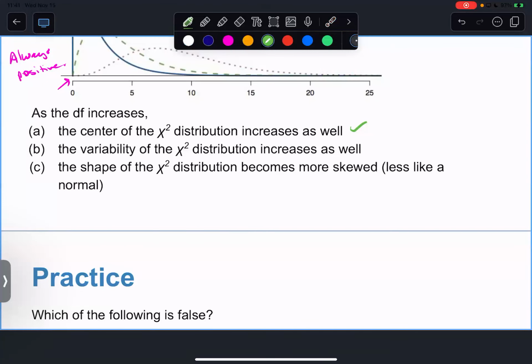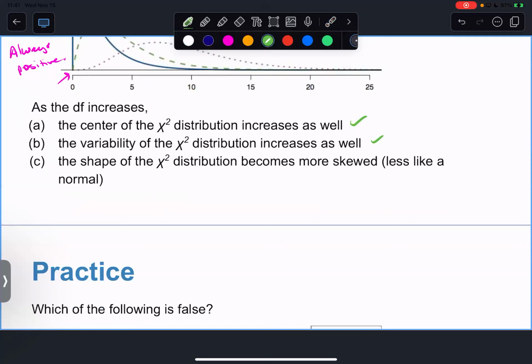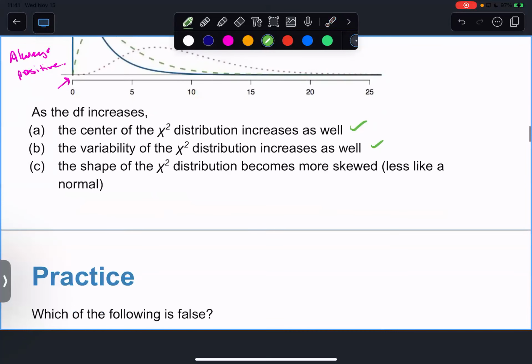And so that's true. And then the shape of the chi-squared distribution becomes more skewed, less like a normal as the degrees of freedom increases. That's the opposite. The shape of the chi-squared becomes less skewed and more like a normal. So this one's false as is, but we fixed it to be true.